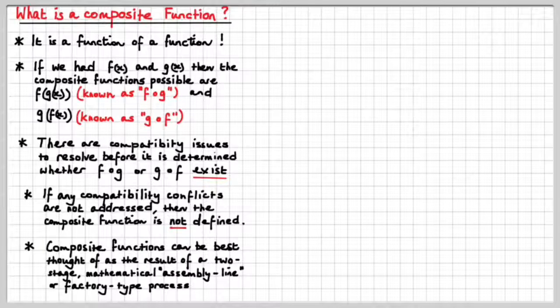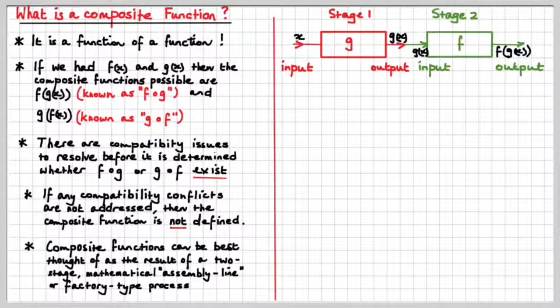Composite functions can be best thought of as the result of a two-stage mathematical assembly line, quote unquote, or a factory type process. Now, here is our factory. This is stage 1 and this is stage 2. In this case, we're doing f of g of x.